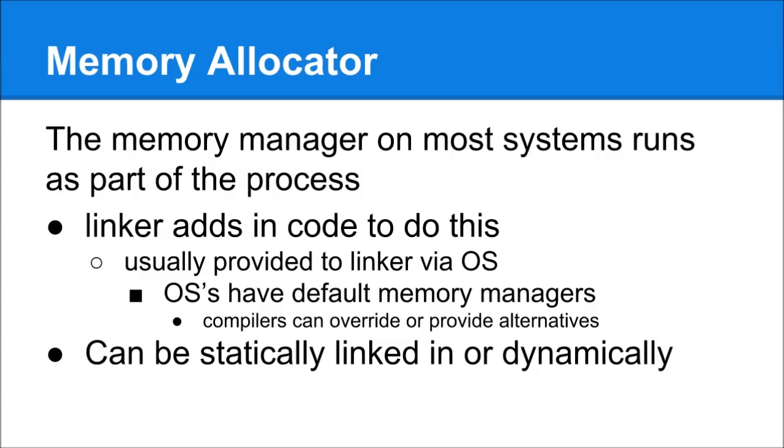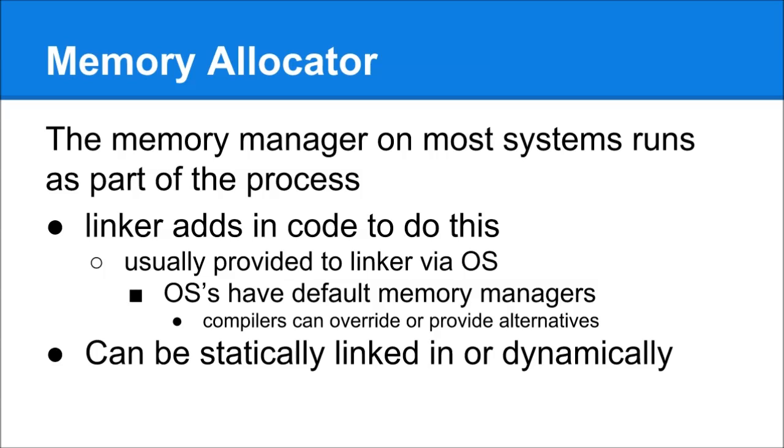So yeah, memory leaks. The memory allocator on most systems runs as part of the process. The compiler adds in code to do this, and it is usually provided to the linker by the operating system. So each operating system typically has its own memory manager.